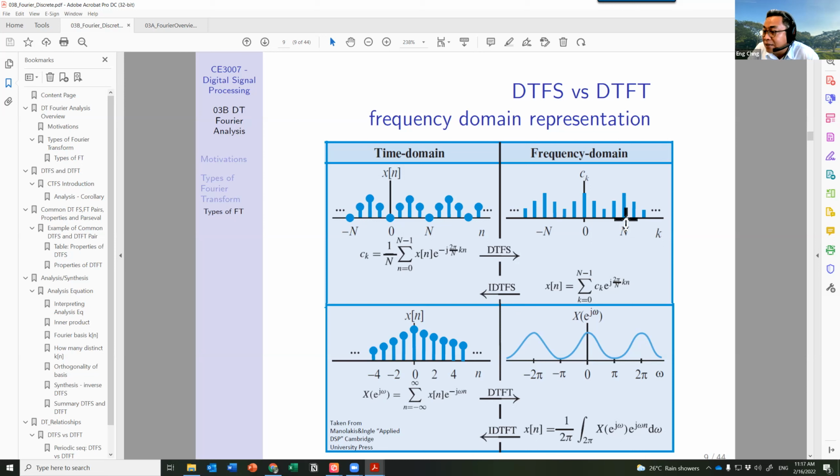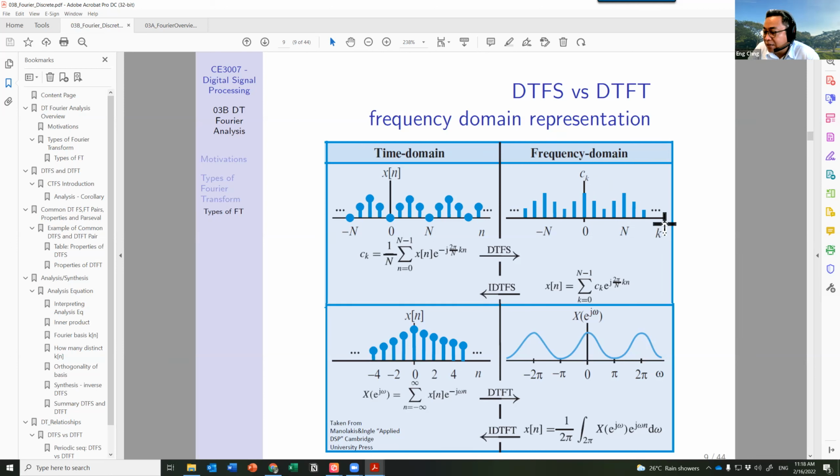Because actually Cn and C0 are the same. C1 is the same as Cn plus 1. Cn minus 1 is the same as C minus 1. So you can figure out now that when I compute C0 to Cn minus 1, that's good enough because I don't need to compute Cn to C2n. I do not need to compute C minus n to C0 because they are periodic.